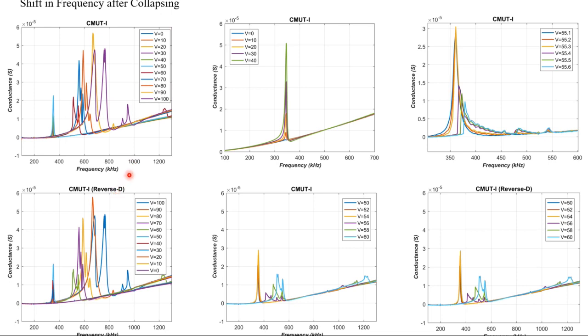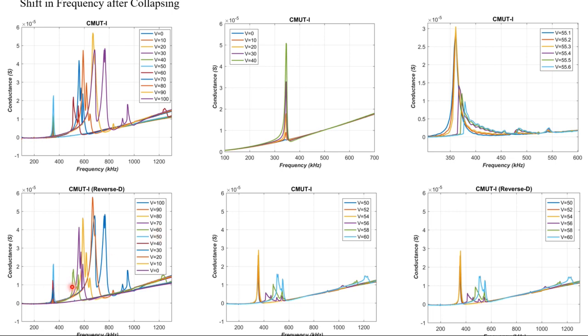The other figures don't give much information, but if you're interested, I can talk about this. If you do this in reverse, from 100 volts back down to, let's say, this green one at 60 volts, that's where it's still collapsed. The contact radius is decreasing in this figure. But at around between 50 and 60 volts is where the snapback occurs, right?